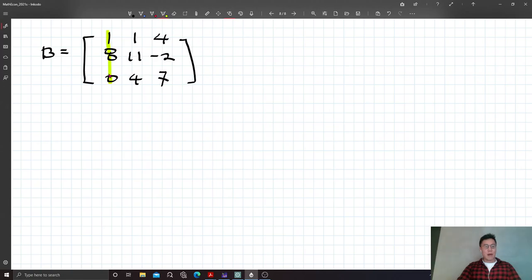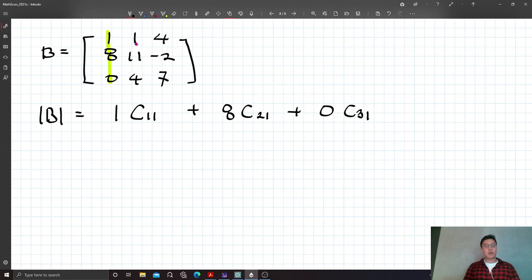Then the determinant of B is going to be a linear combination of the entries in the column, so 1, 8, 0, and the corresponding cofactors, C sub 1,1, C sub 2,1, and C sub 3,1. So the determinant is going to be the sum of these three components.